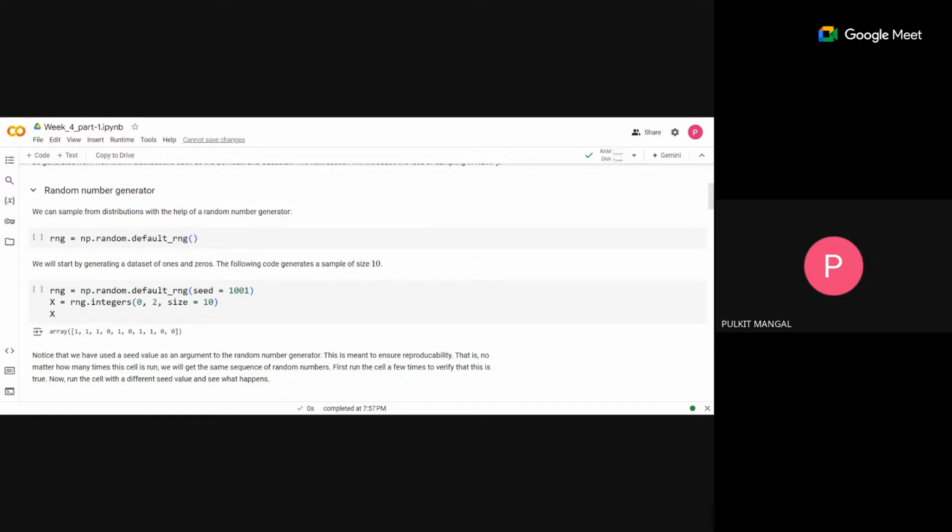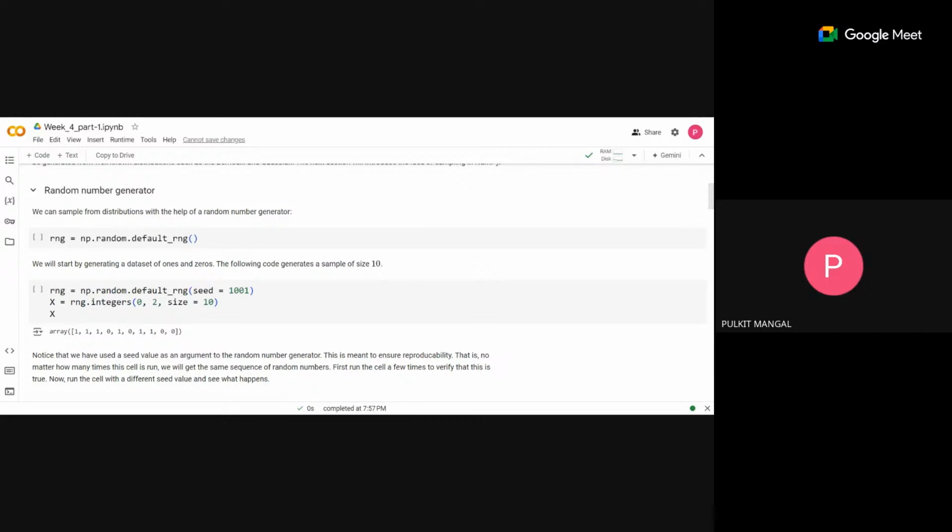So why is this useful? Suppose you are working in some group project, any model that you are training, and you are choosing some random sampling and working on your project based on that. If you again run the cell, you will get a different set of samples.